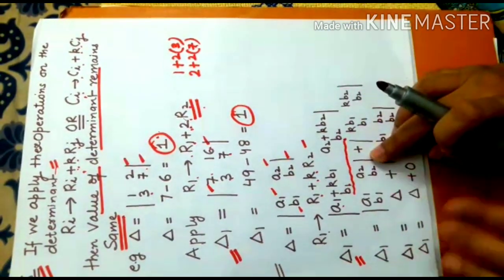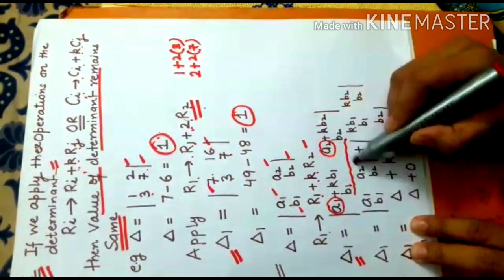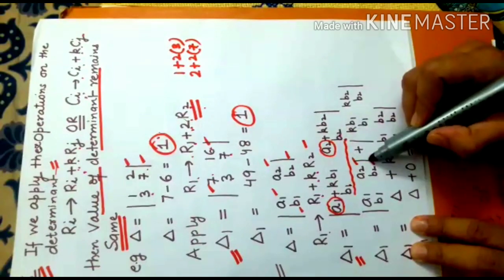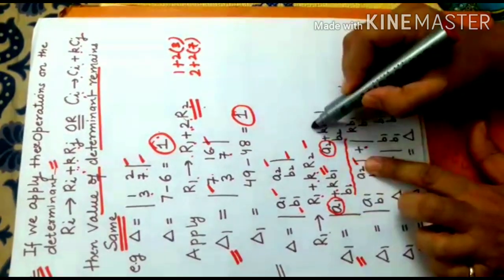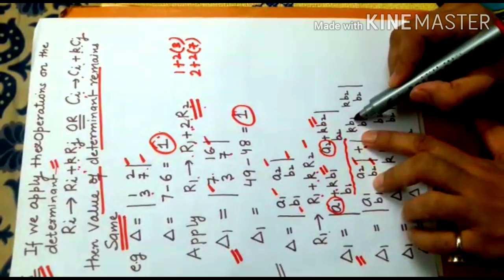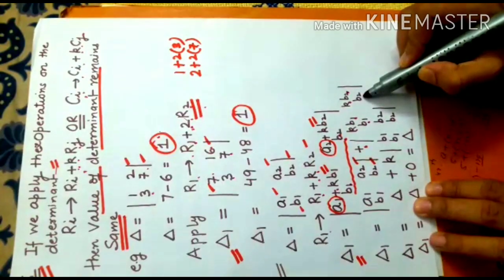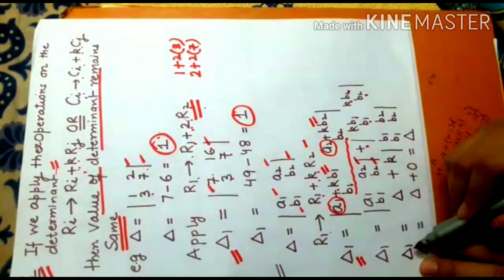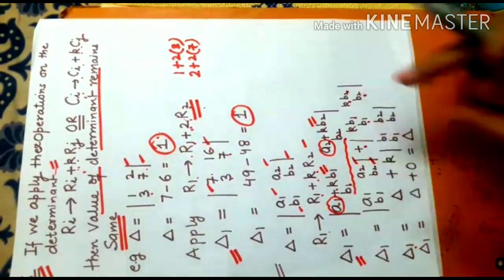And what are those determinants? Pick up a1, a2, with the second row the same, plus the determinant with k times b1, k times b2 and again the second row the same. So delta 1 is equal to this determinant plus this determinant.